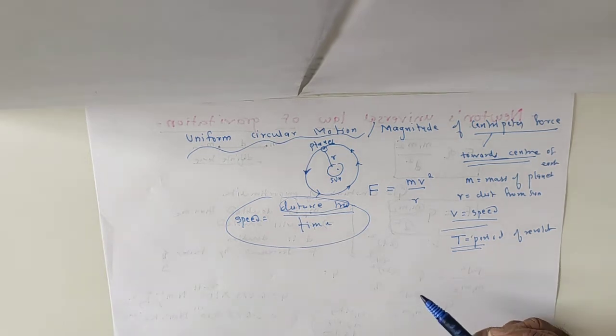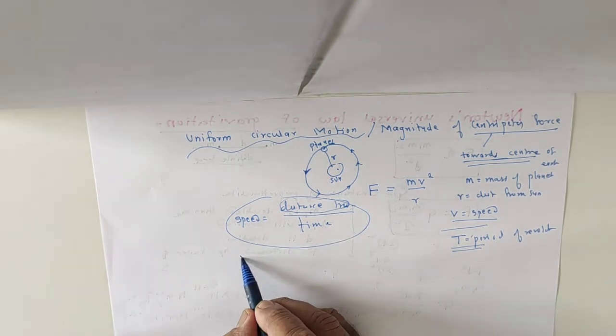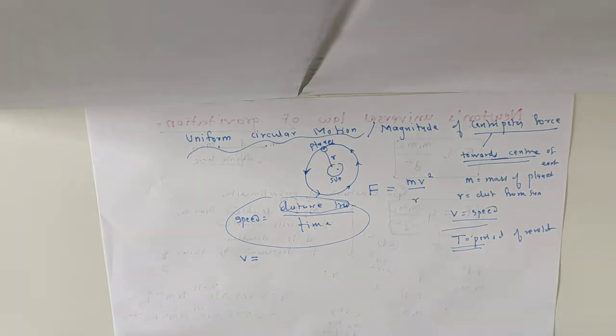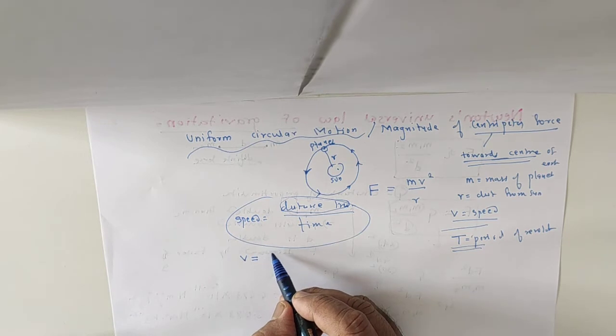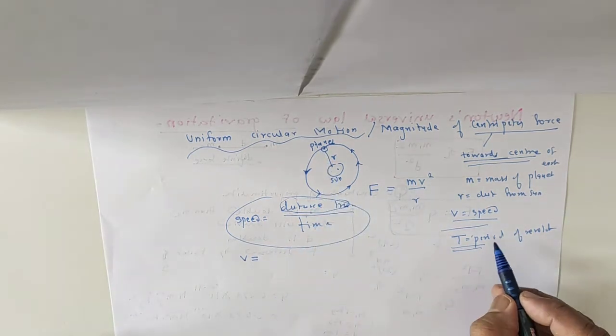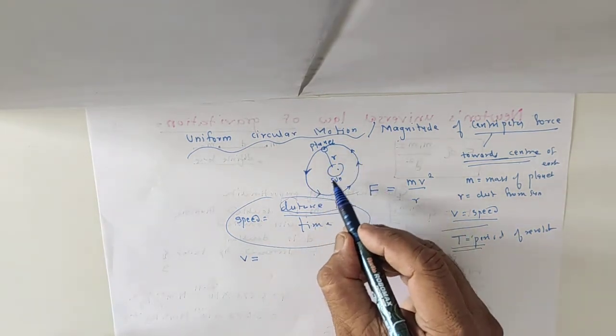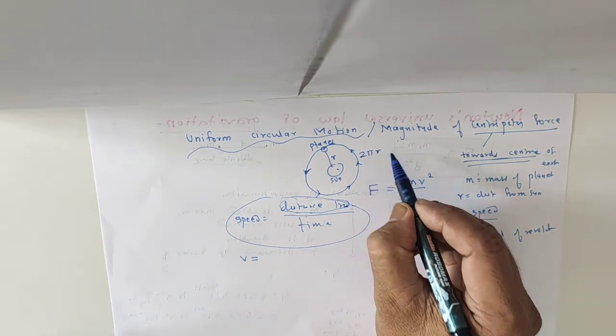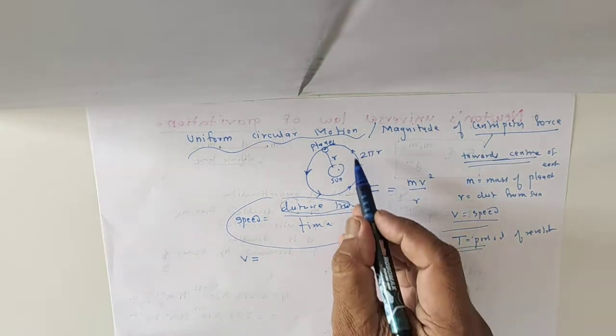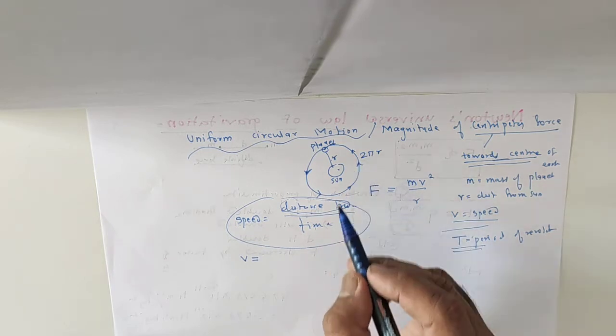Therefore, when we write v as speed, it is distance traveled, which is the circumference, and the circumference is 2 pi r. It is the perimeter of that circle.